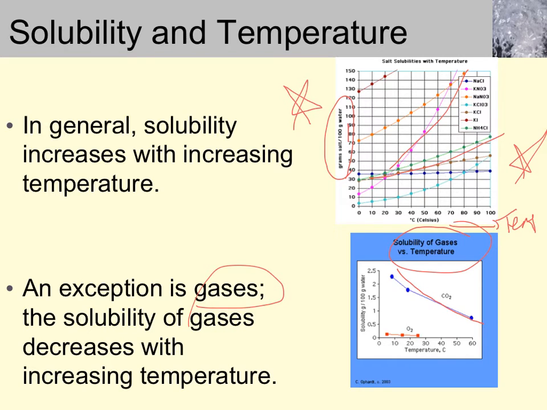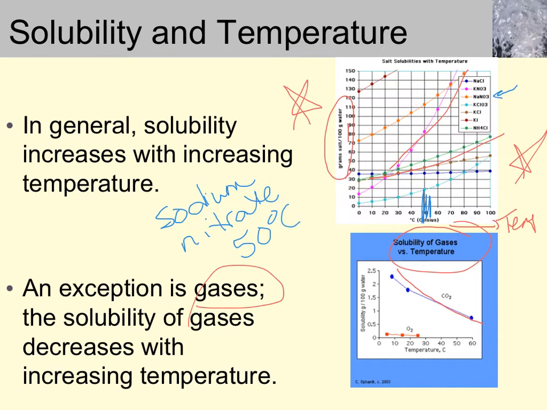Let me go through one of these just to make sure you can understand this. Let's say that I asked you what the solubility of sodium nitrate is at 50 degrees Celsius. How would you determine that? Well, you look for 50 degrees and you go up, find sodium nitrate.